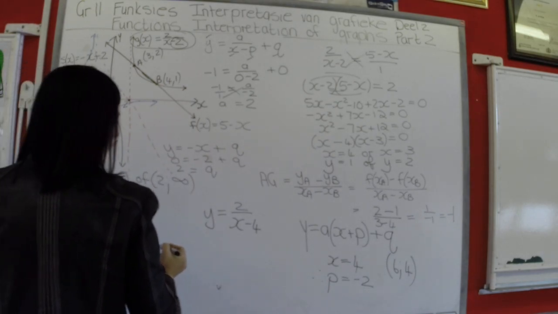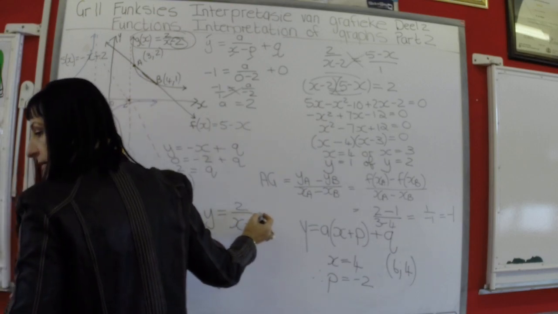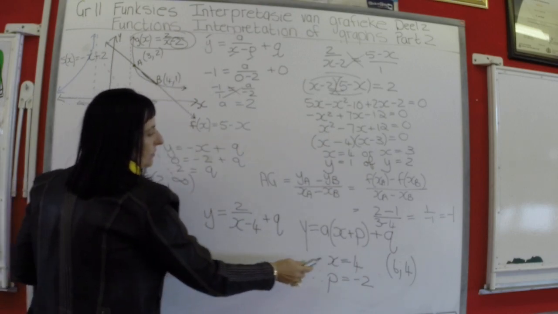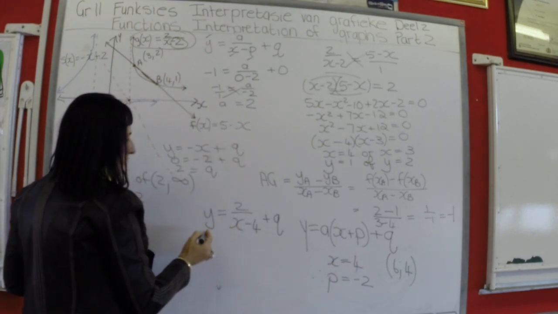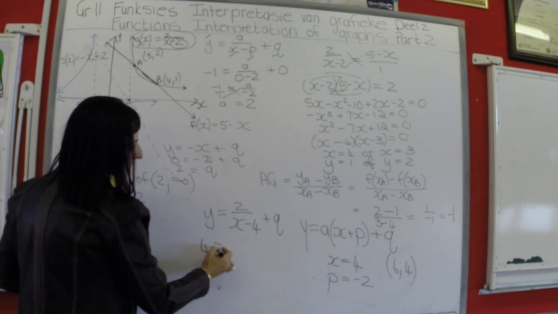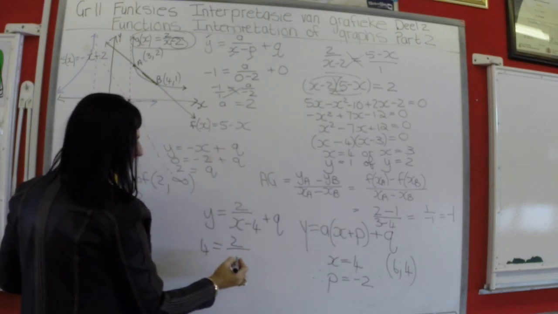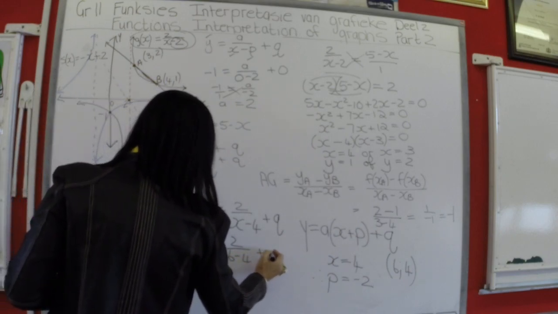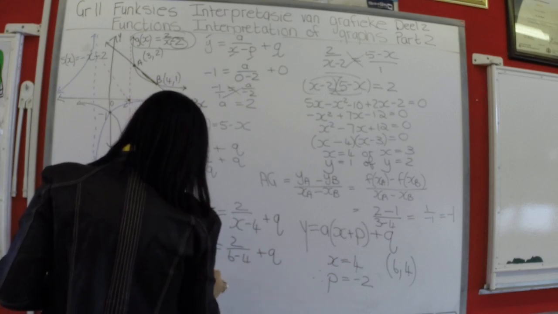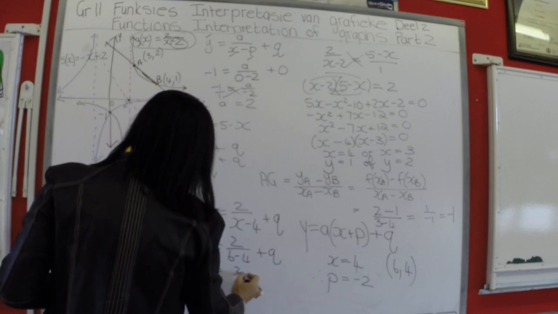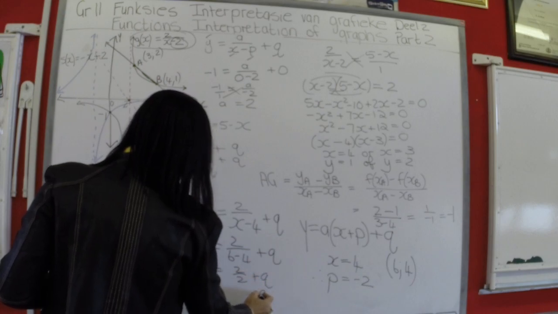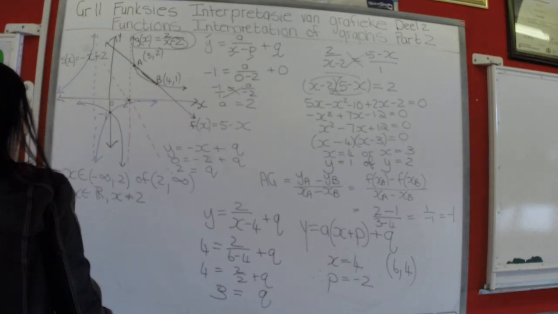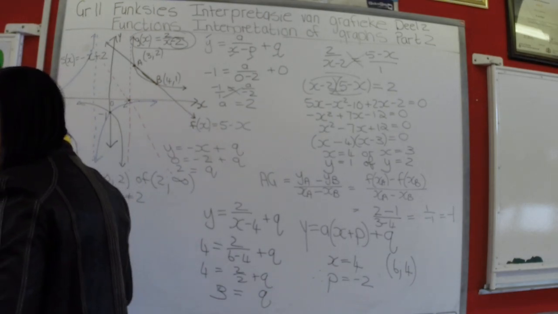And now you can add plus q and insert the coordinate (6; 4), so ek het 4 in y se plek en ek het 6 in x se plek to determine the value of q. So ek het 4 is gelyk aan 2 op 2 wat 1 is, en as ek die 1 oor is gelyk aan vat, dan het ek q gelyk aan 3. So the value of q now equals 3.